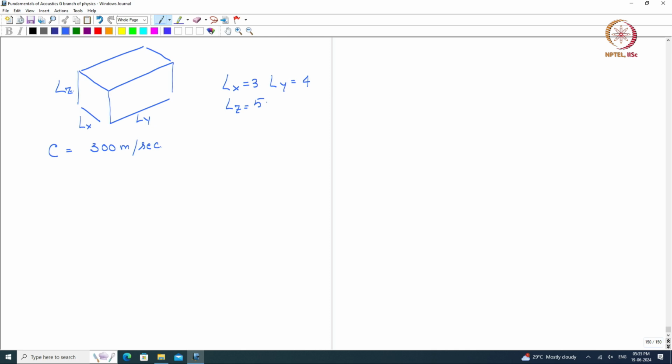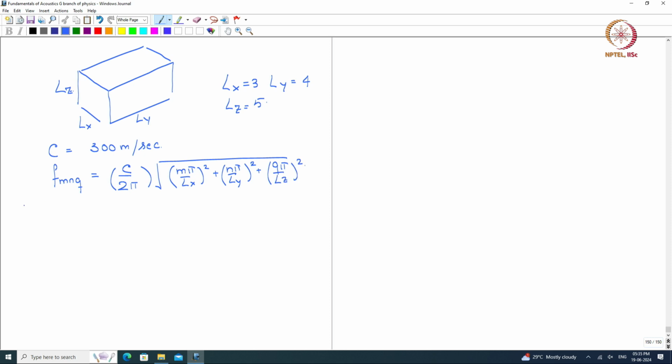And the resonant frequency in hertz is c by twice pi times the square root of (m pi by Lx) whole squared plus (n pi by Ly) whole squared plus (q pi by Lz) whole squared.